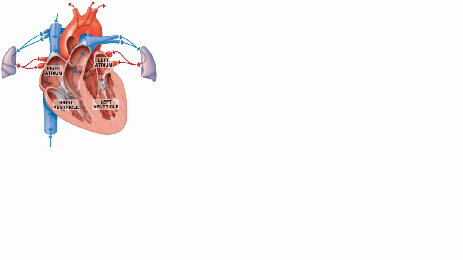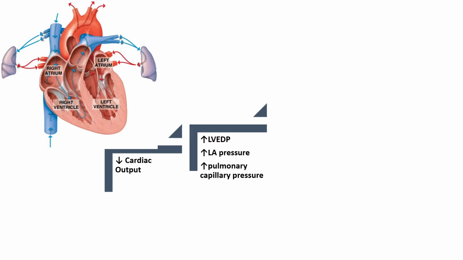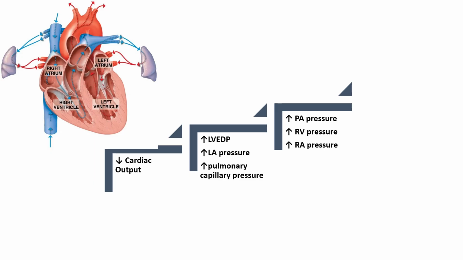Let's take this a step further. A reduced cardiac output will cause an increase in left ventricular end diastolic pressure, resulting in an increase in left atrial pressure, and therefore an increase in the pulmonary capillary pressure. This will cause pulmonary edema, which will result in a rise in pulmonary arterial pressure. There is a common terminology termed backward failure, whereby the rise in pulmonary arterial pressure may cause an elevation in the right ventricular pressure and in the right atrial pressure.